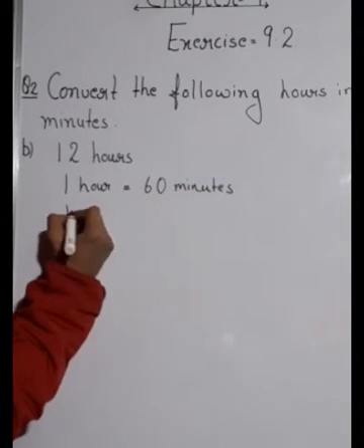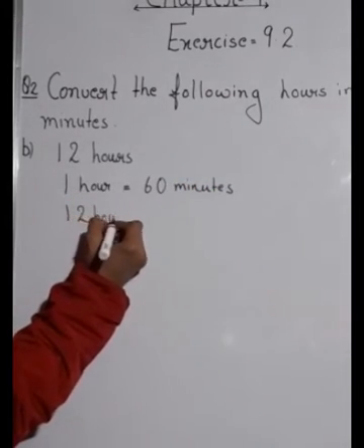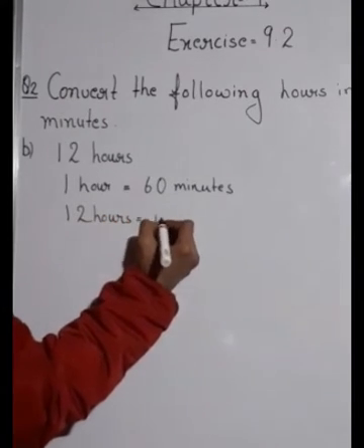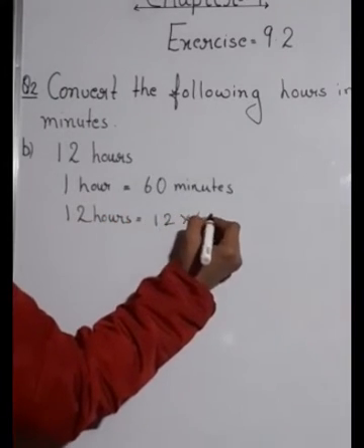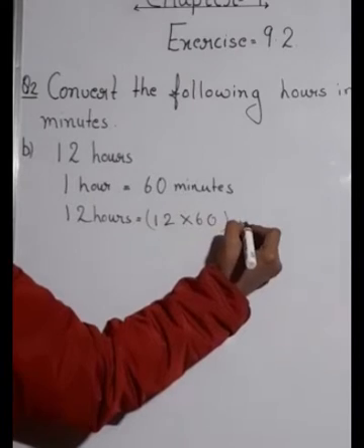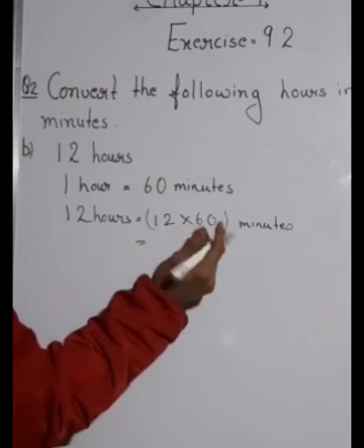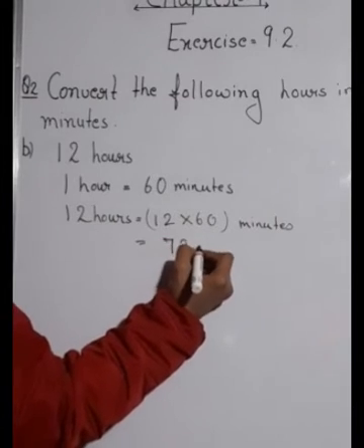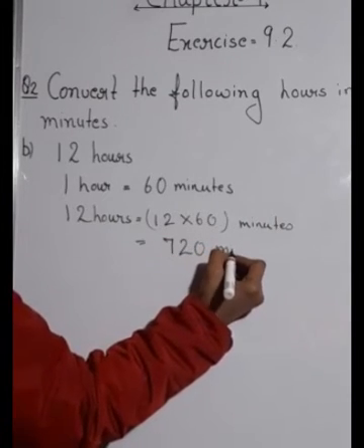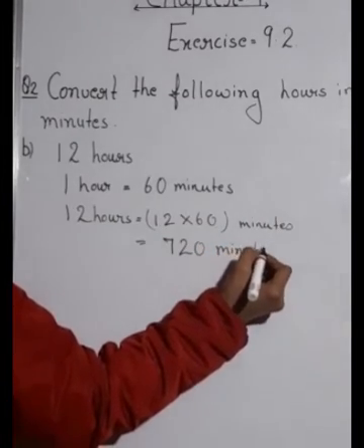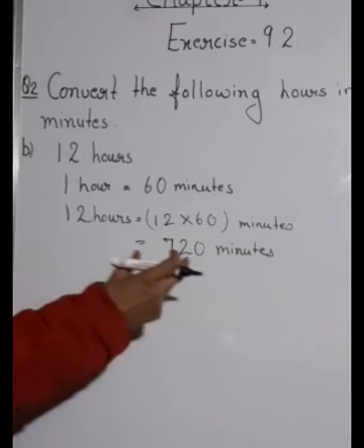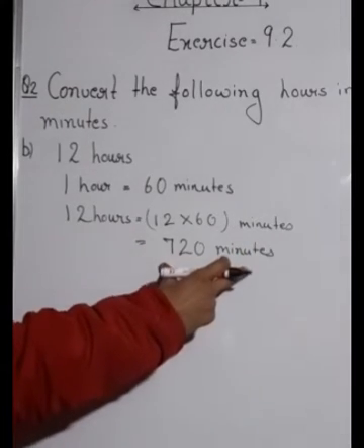Clear? So in 12 hours, you are having 12 into 60 minutes. Now 12 6s are 72, so it will be 720 minutes. So in 12 hours, you are having 720 minutes.